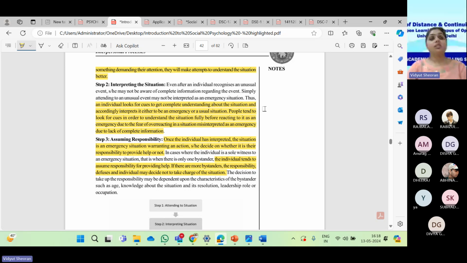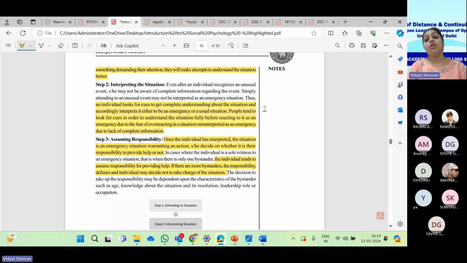So people don't want that their help should not be acknowledged and it should go in vain. They want that if they are helping, it should be worth the person. So that is why they want to fully understand the situation first, and then they want to react to it.